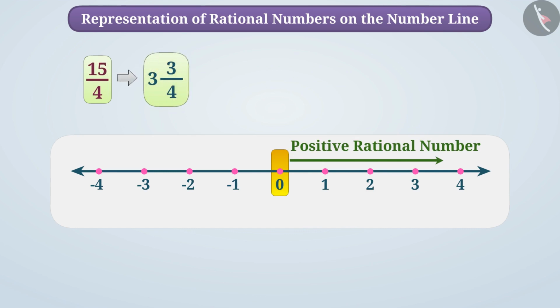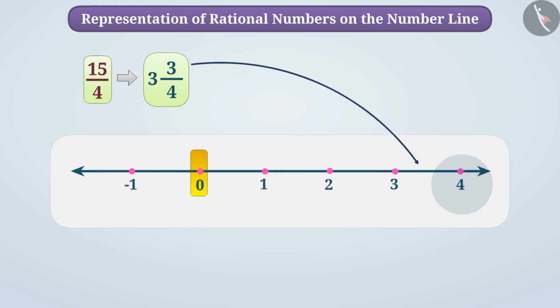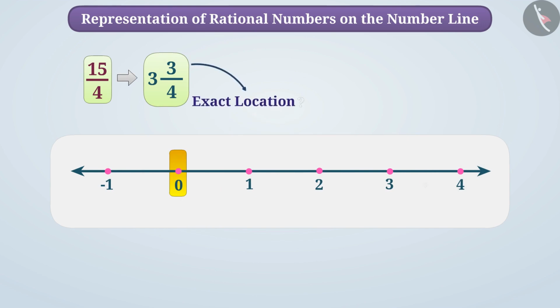This shows us that this rational number is between 3 and 4. To find the exact location, we will divide the unit distance between 3 and 4 into 4 equal parts. Now, we will show the number 3 and 3 by 4, that is 15 by 4, by taking 3 whole and 3 parts of 1 by 4th distance.